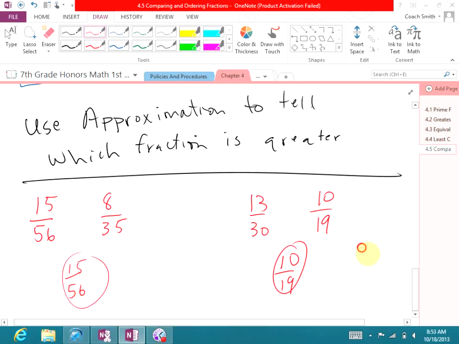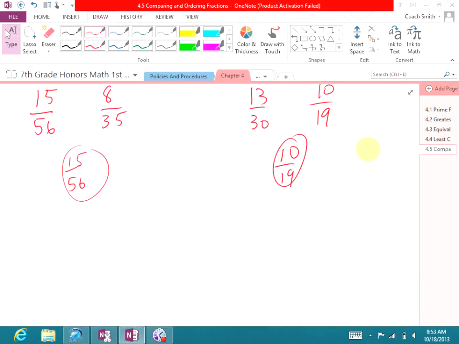Let's look at another one. 47 over 100 and 38 over 75. What is half of 100? 50. So this is a little less than a half. What is half of 75?